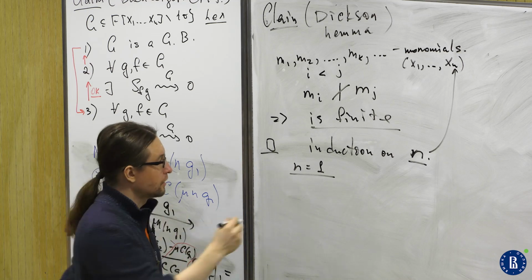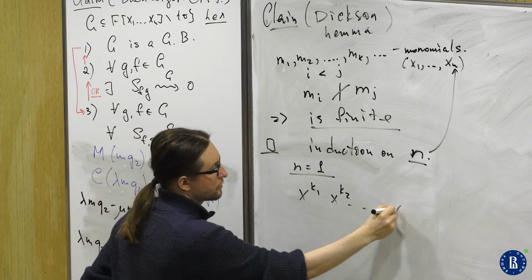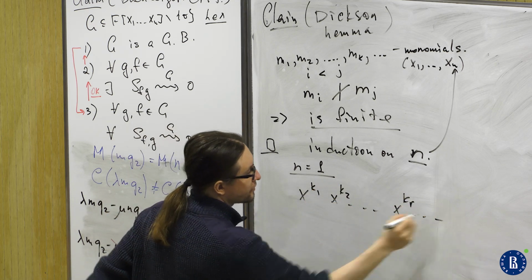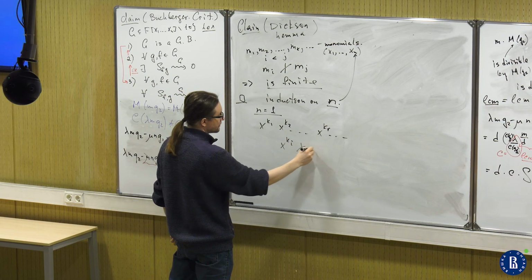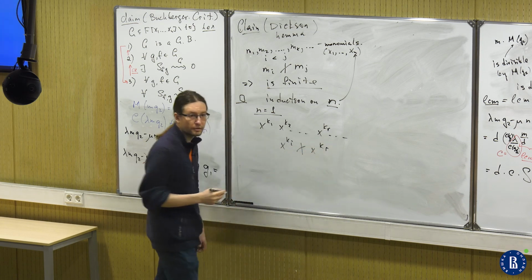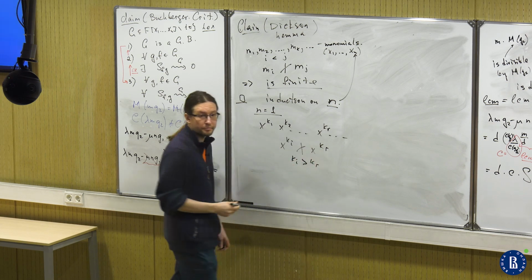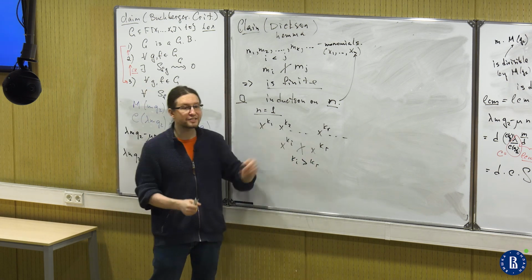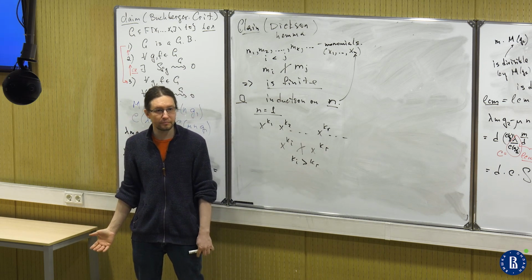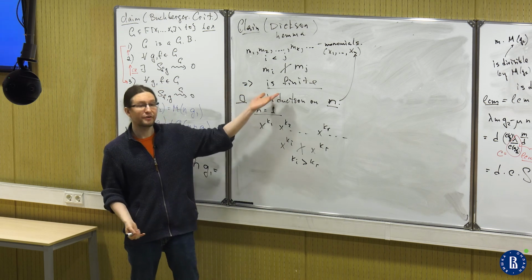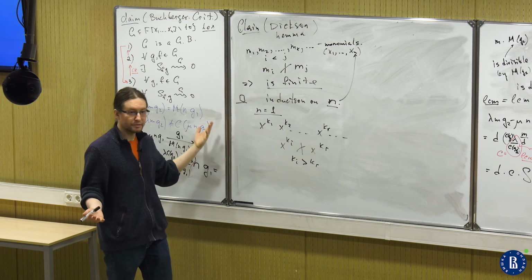In this case, we have just x to the power of k1, x to the power of k2, and so on, x to the power of kr, etc. What does it mean that x to the power of ki doesn't divide x to the power of kr? It means that ki is greater than kr. So we have a strictly decreasing chain of powers of a variable. So that's why it must be finite. So in case of n equal to 1, it's just simple.